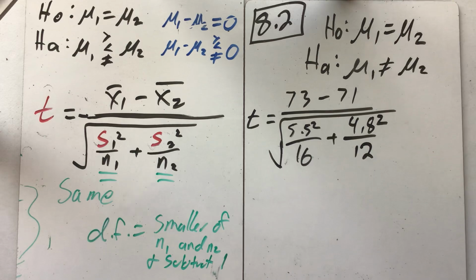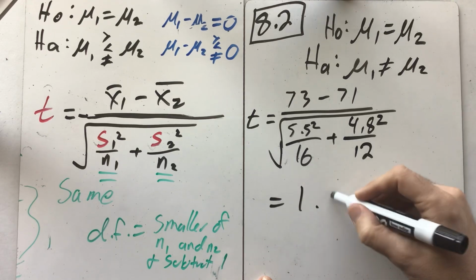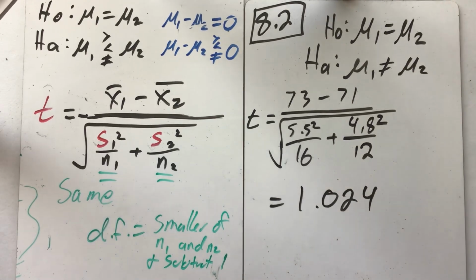Okay, so we calculate that out. It's a little bit of a pain to calculate. I got 1.024. Hopefully you did as well. So that's the number I got when I calculated this.